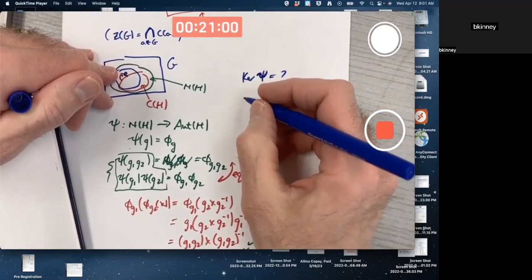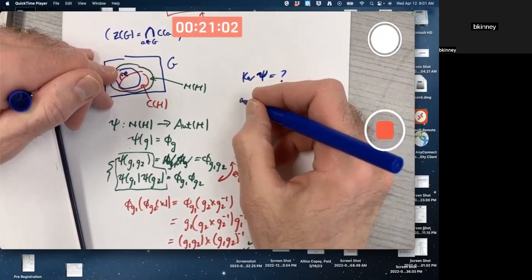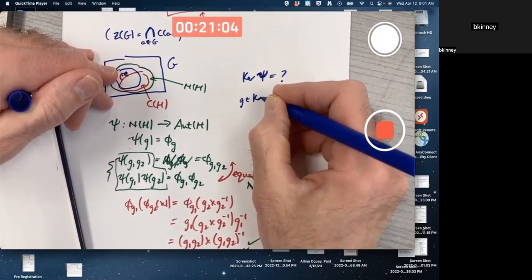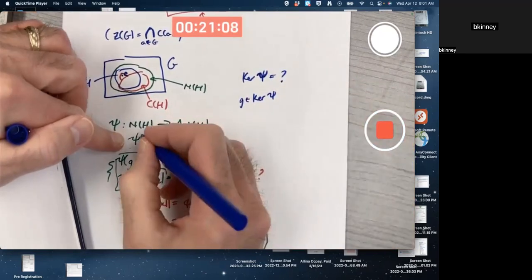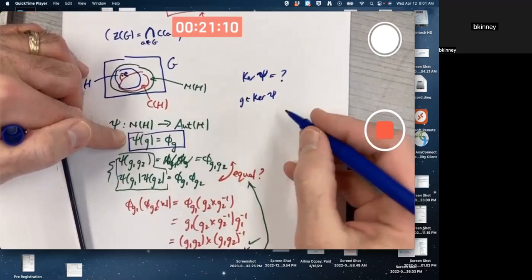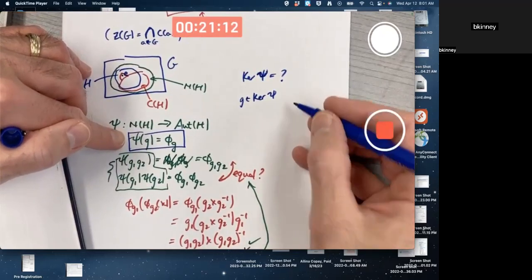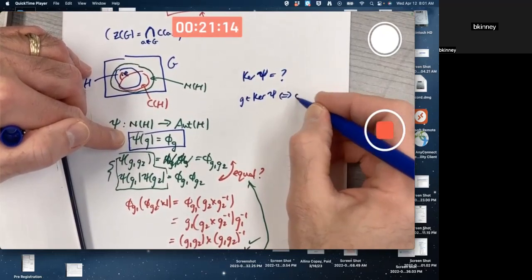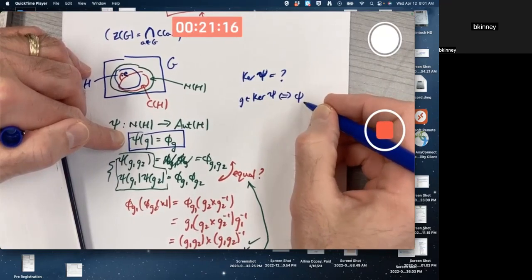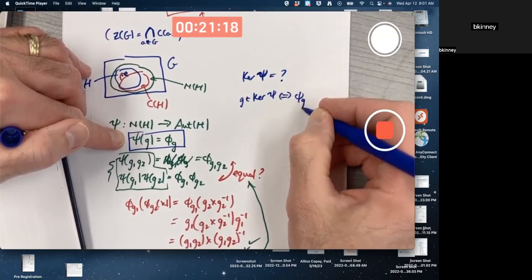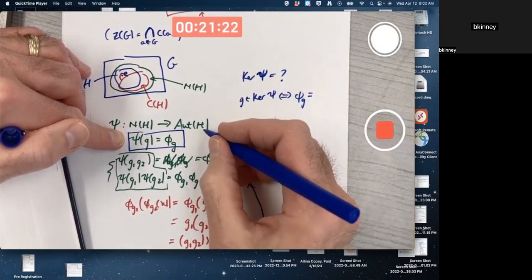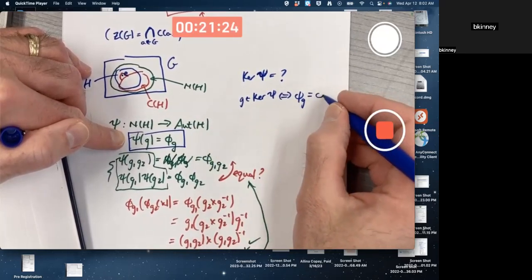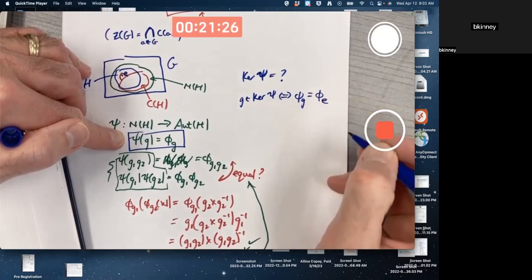An element g is in the kernel of psi if and only if what? There's the formula for psi. If and only if the element it gets mapped to under psi, phi sub g, is the identity element of the group of automorphisms, which would be the inner automorphism phi sub e.